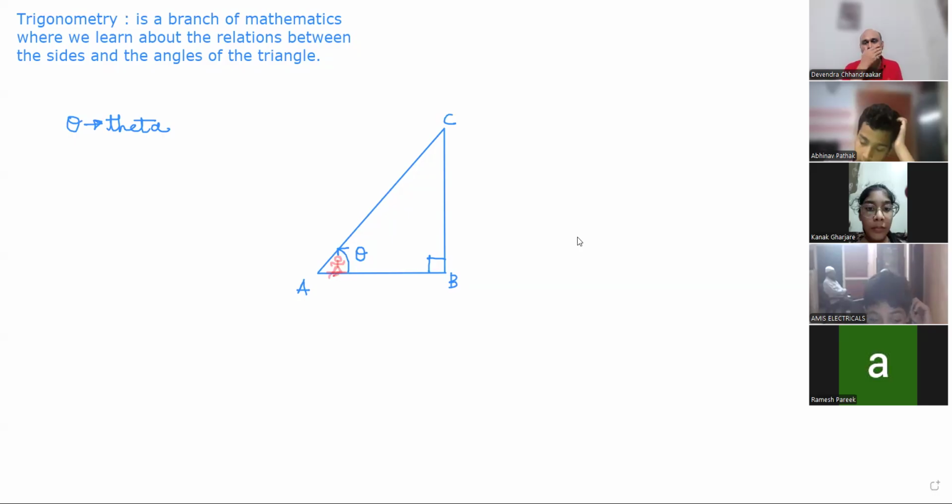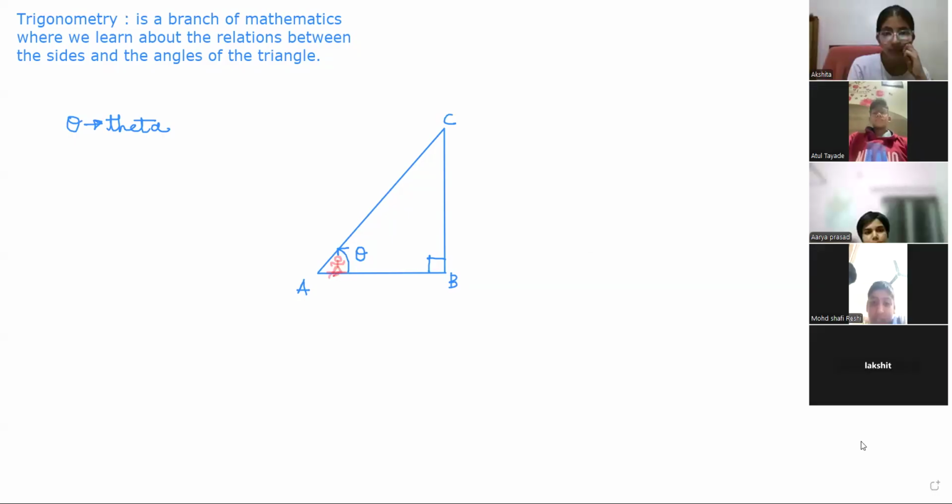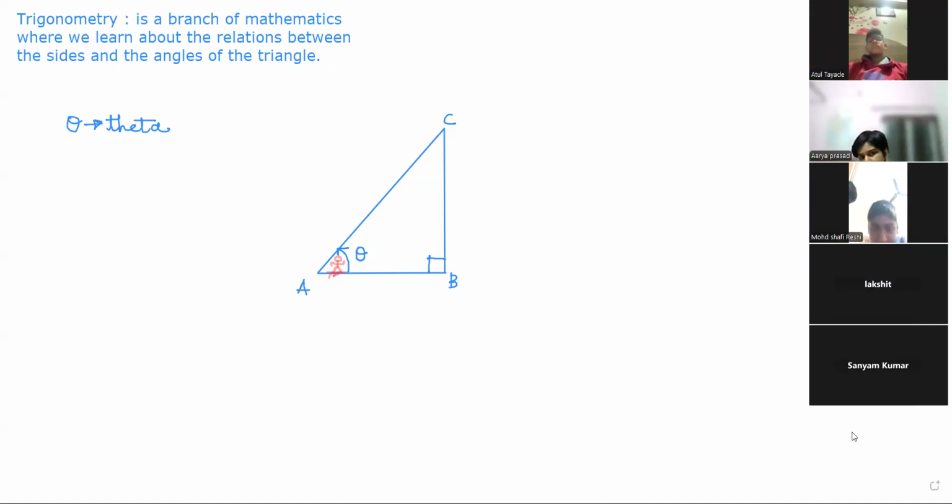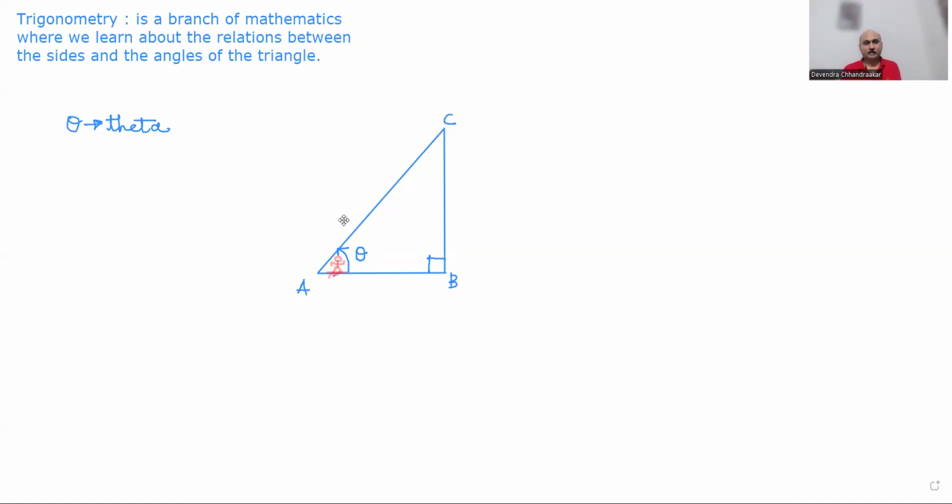All of you tell me which is the longest side. AC. AC is the longest side, right? Very good. So this side is called the hypotenuse.